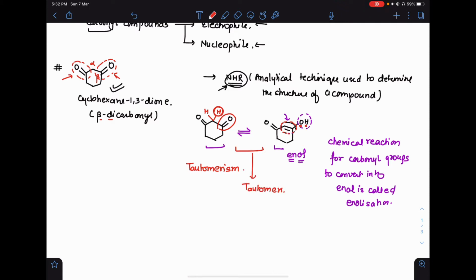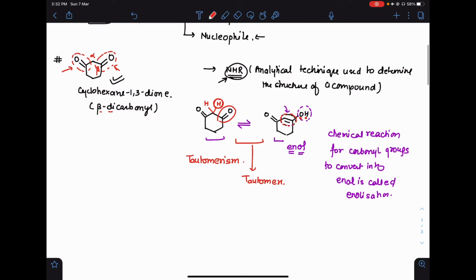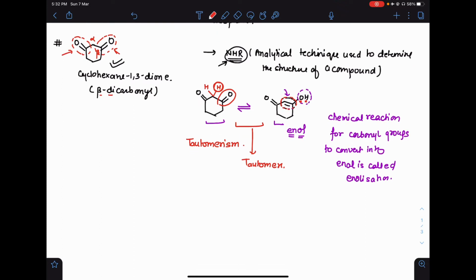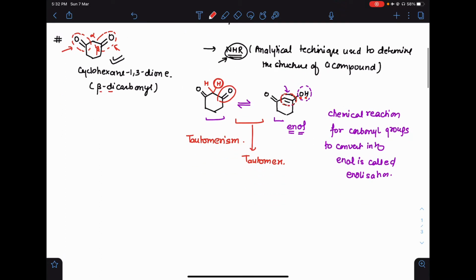So what are tautomers? Chemical compounds which differ from each other only in terms of the position of a proton are called tautomers. All right, this is possible for all the carbonyl compounds. For example, if I take acetone, CH3, C double bond O, CH3, I will write H like this.